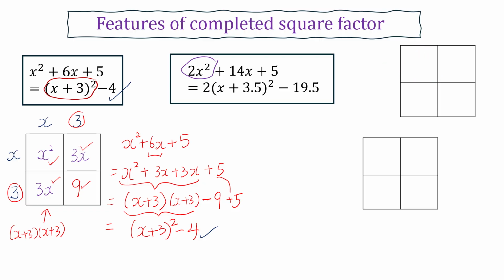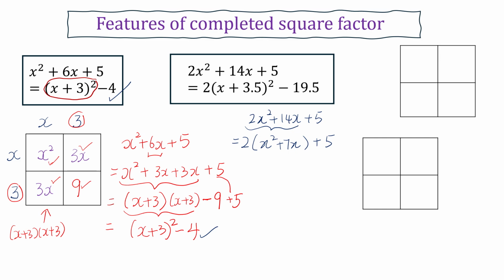Okay, so therefore, what I need to do is factorize the 2 out. So from 2x squared plus 14x plus 5, I will need to factorize 2 from these two terms. So I will have x squared plus 7x, and then the 5 is the sidekick.